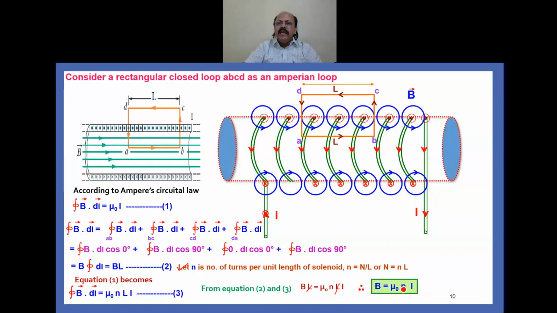Mu r is the relative magnetic permeability, similar to what you studied in electrostatics, relative electrical permittivity. So the equation becomes B equal to mu naught mu r n I, right?